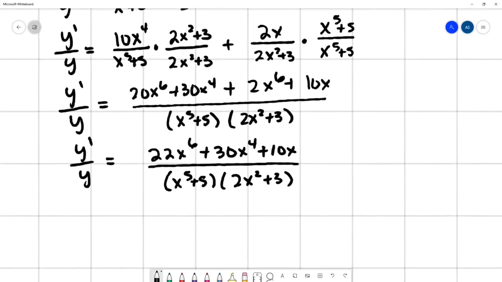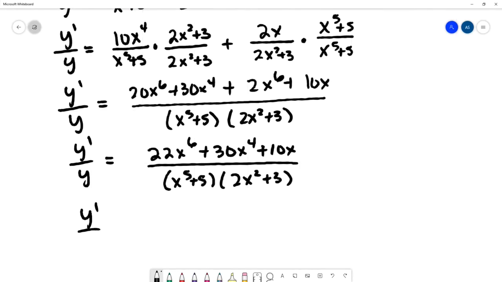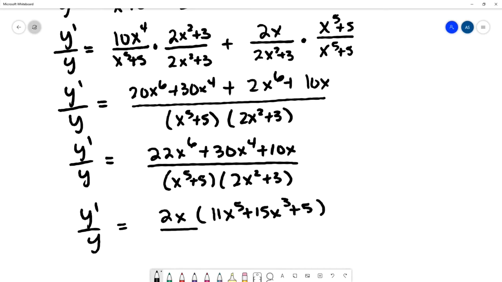We have y prime over y in the numerator. I have a common factor of 2x. That would leave 11x to the 5th plus 15x cubed plus 5 over our common denominator of x to the 5th plus 5 times 2x squared plus 3.